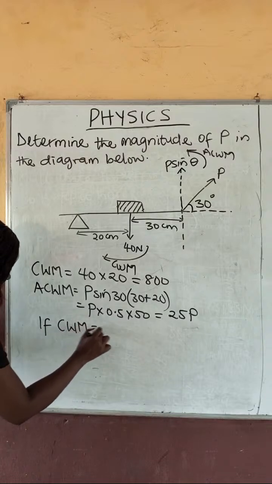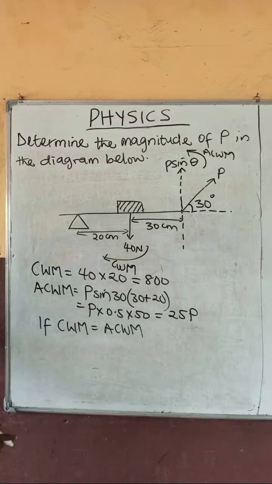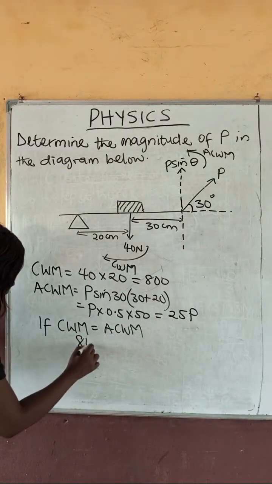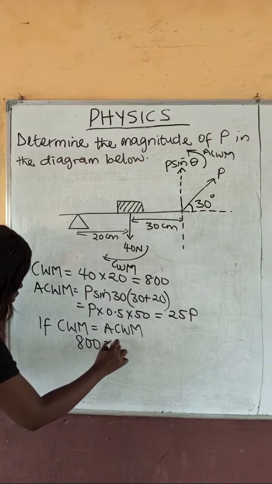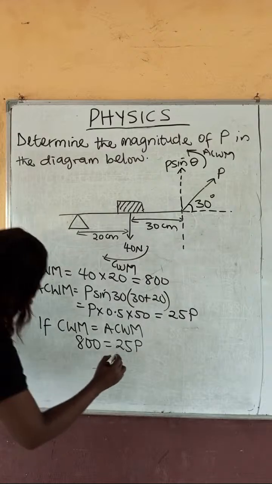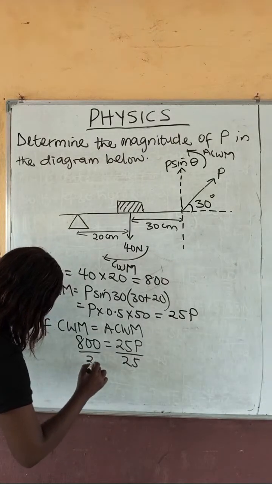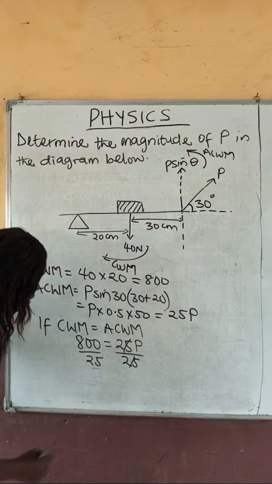Then, if clockwise moment is equal to anti-clockwise moment, that means 800 is equal to 25P, right? Then I divide both sides by 25. This cancels out.